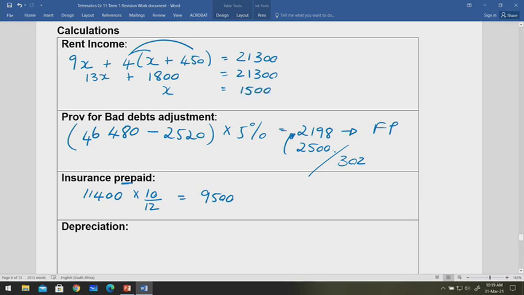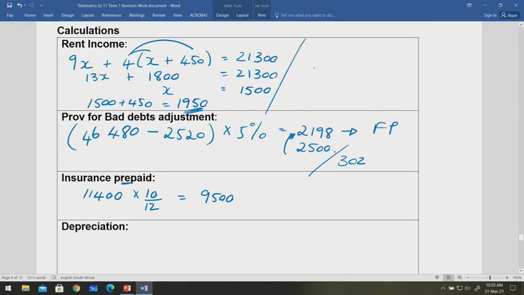1,500. But that was before the increase. So if we want to subtract the rent that was received in advance, we have to add the 450. So the rent that we received in advance was 1,950.